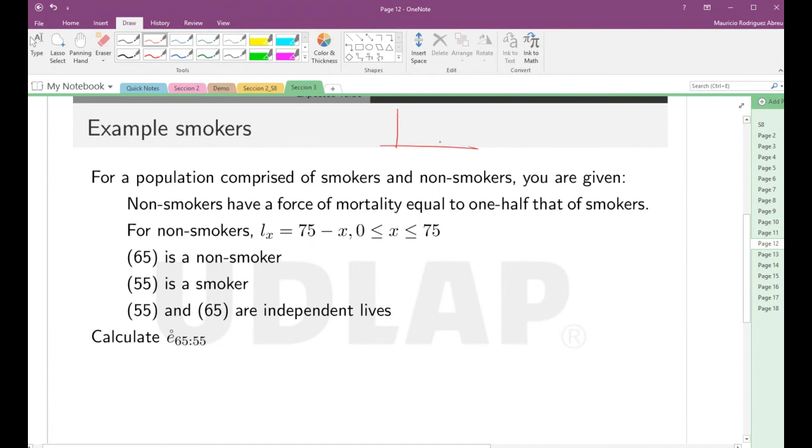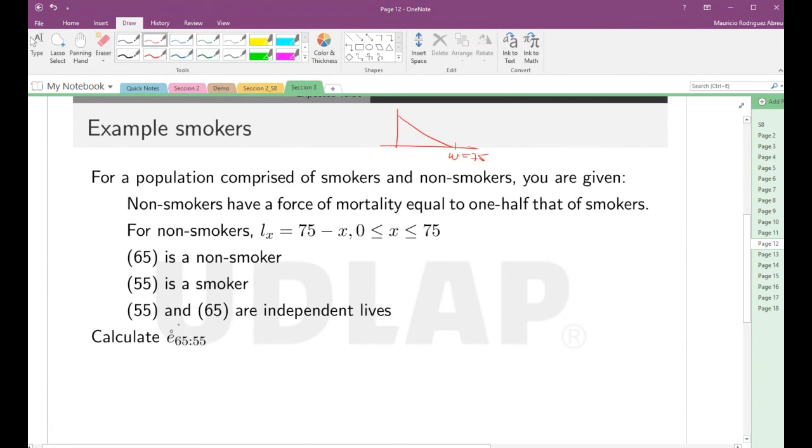If we just plot this, we will have a straight line, with omega being 75. So we also know that 65 is a non-smoker and 55 is a smoker, and they're independent. So let's estimate the joint life expectancy for these two.